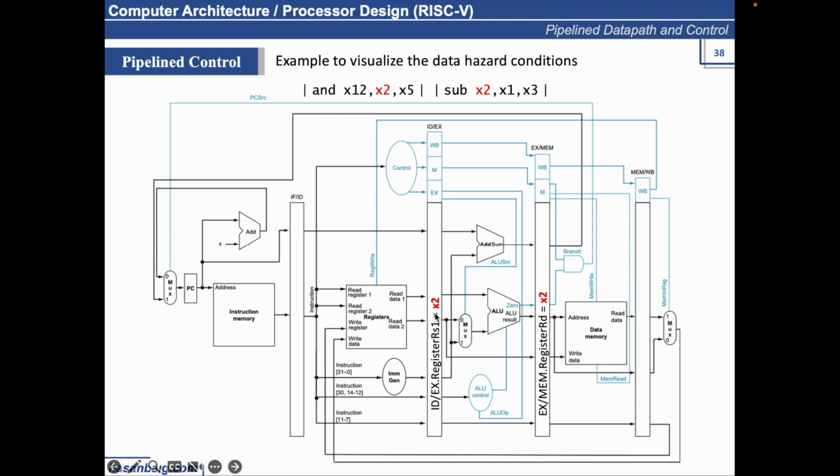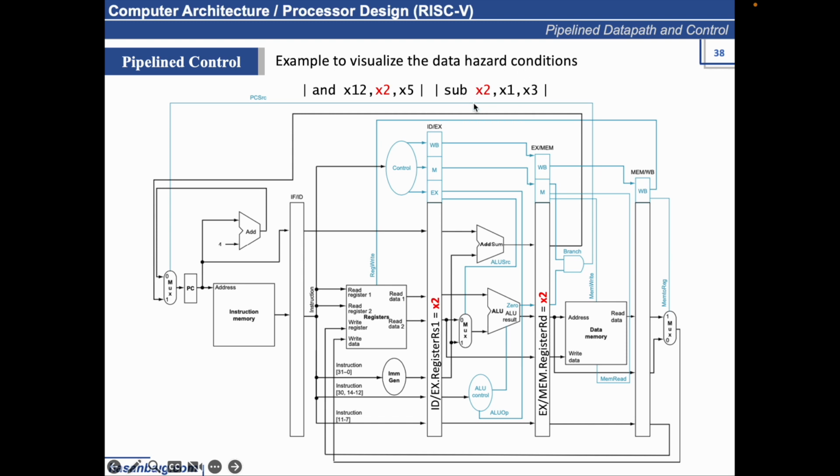So it means that x2 may not have the updated value. So we need to forward the data. We need to use the recently updated data, which is stored in this pipeline register, for the next instruction in the ALU, rather than fetching the value of x2 from the register. Okay, so this is one condition.